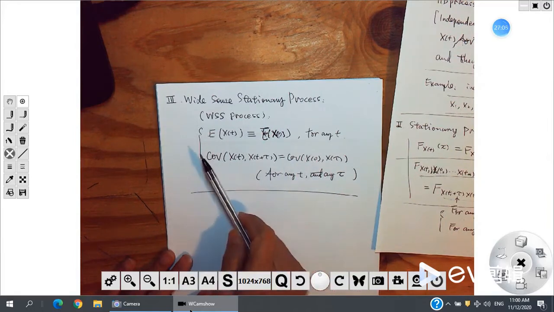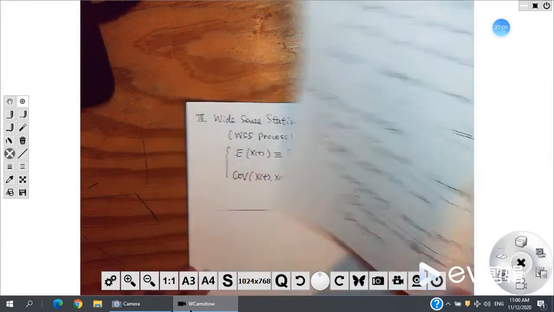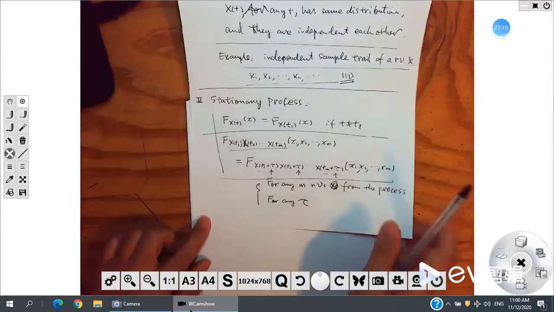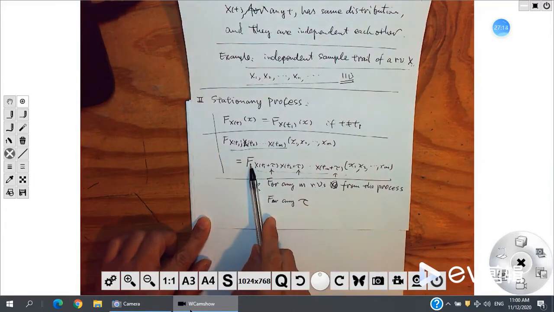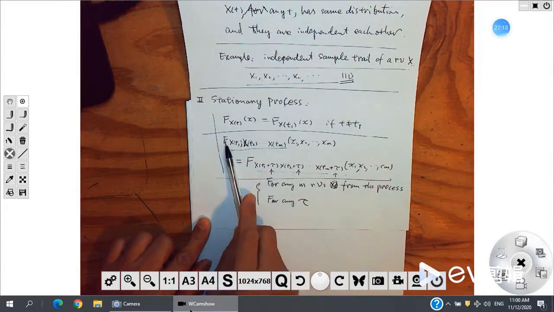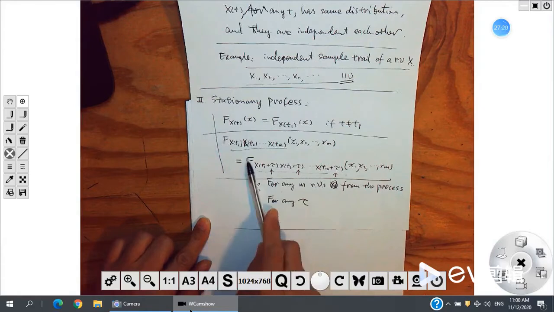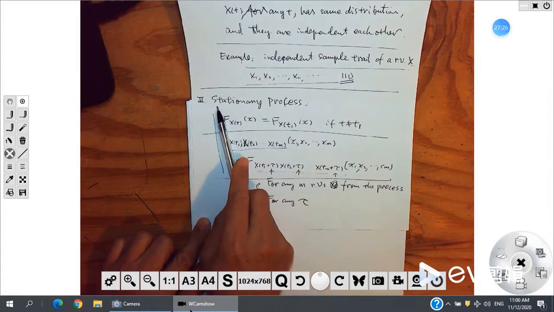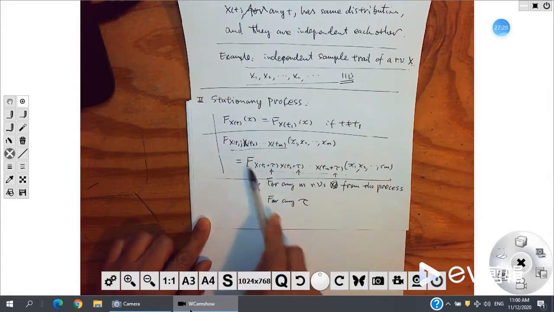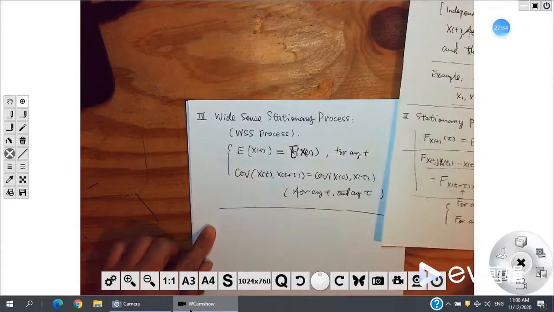And for the stationary process, you have to start from all these distribution functions, the CDF, or similarly, you start from the PDF or the PMF. That is more complex, right? So the second type, by definition, is very complex, and how to apply it is also complex. Then we use this one.